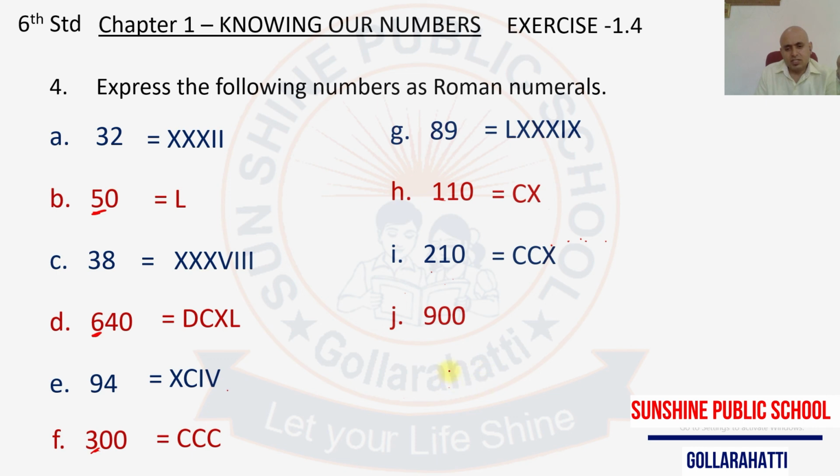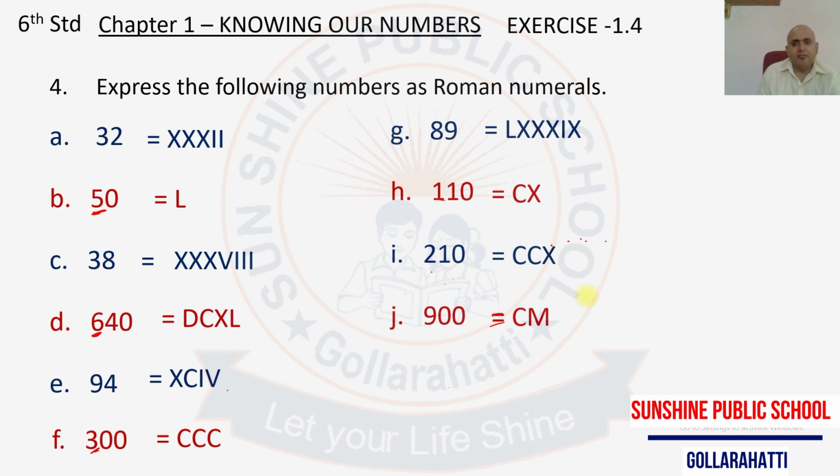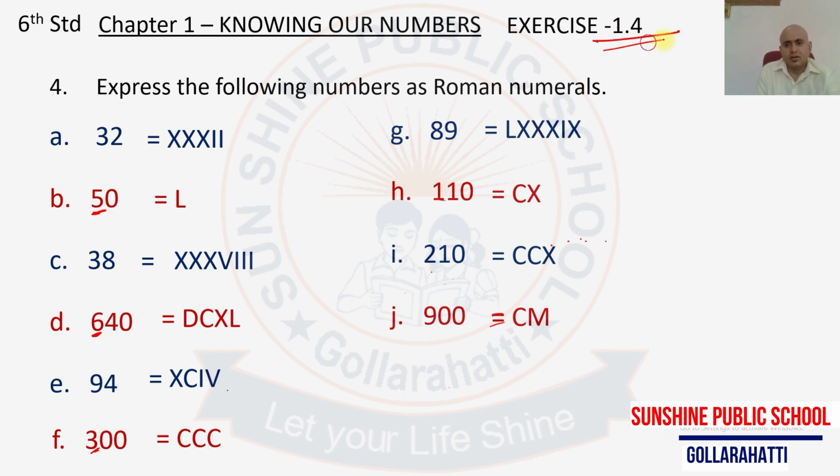The value of 1000 is M and 100 is C. So this is CM: C means 100, M means 1000. 1000 minus 100 gives the value 900. Okay? If you write MC, this is 1000 plus 100, so it is 1100. MC is 1100 but CM is 900. Okay, so here we have come to the end of exercise 1.1. Okay students, thank you.